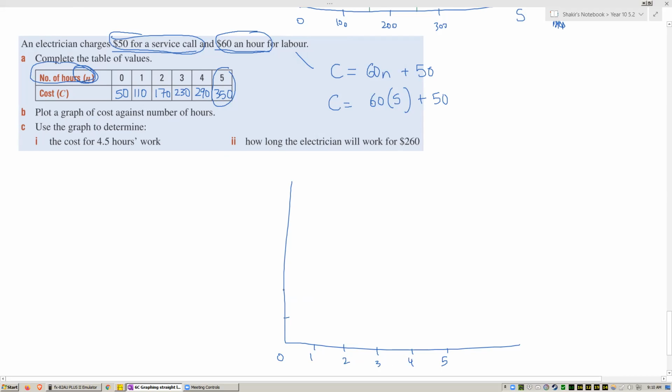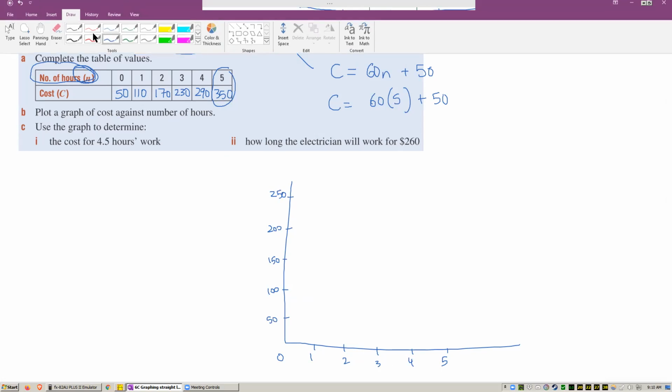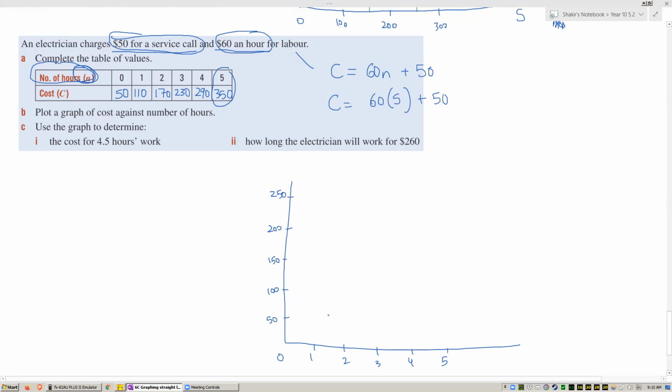So 50, 100, 150, 200, 250. And then now I'm going to plot my dots in based on the axis I've chosen. Remember to do the arrows and make sure you put in the N and the C in dollars. It's a good habit to write the units as well. N is hours, C is cost in dollars.